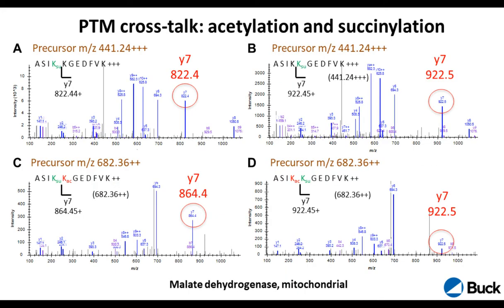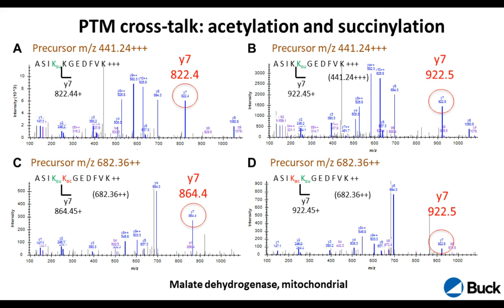Here I'm showing you one example where we were able to differentiate which sites of these lysines were modified. There were two lysines right next to each other, and we could find differentiating ions that would show whether it was succinylated on one or the other lysine residue.